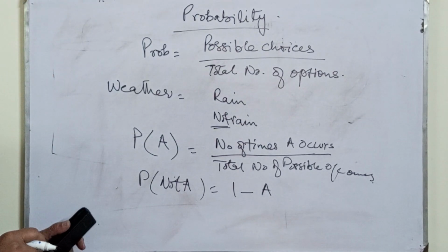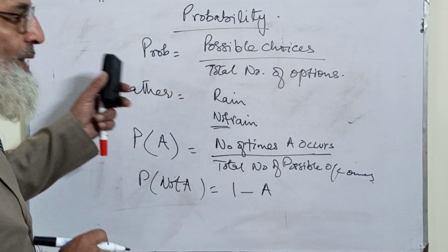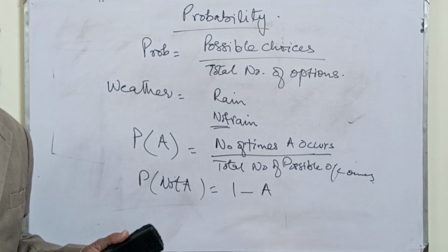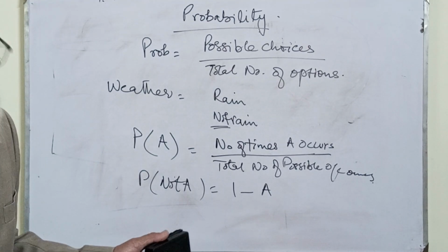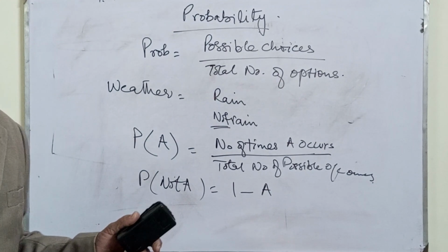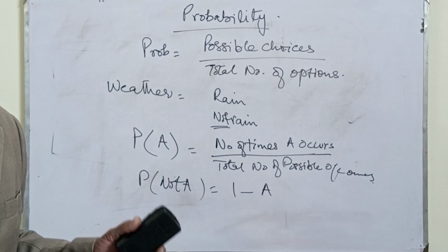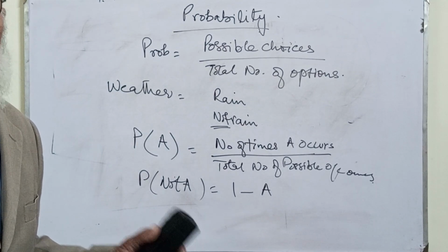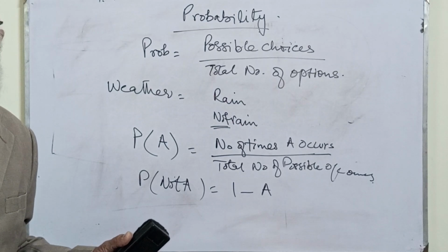Okay, now this was the probability. I told you about the flipping of the coin, about the dice, about the oranges and apples. And now let me tell you what frequency is, which is a very important thing.